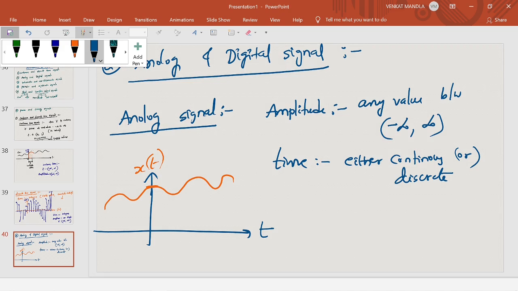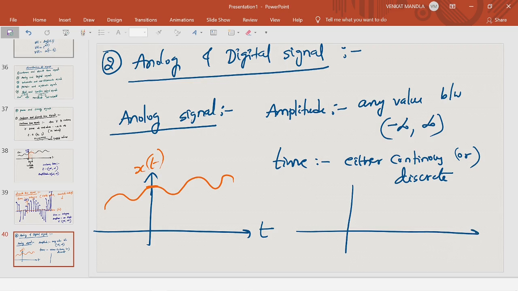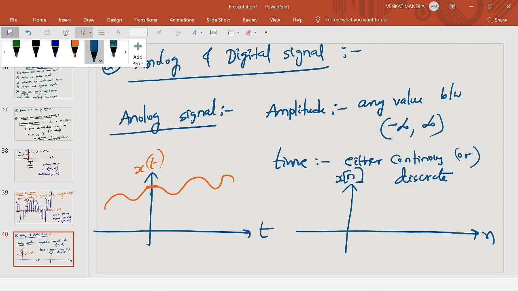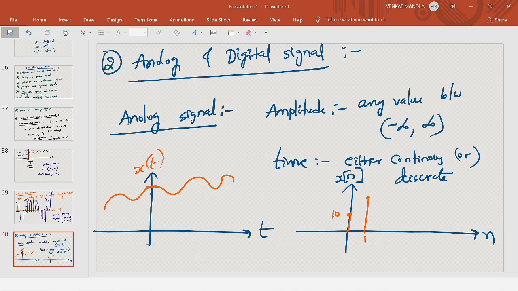Now one more example, if the time axis is discrete, say x of n. Let us say at n equal to 0 this value is 10, then 1, 2, 3, 4, 5 and so on.